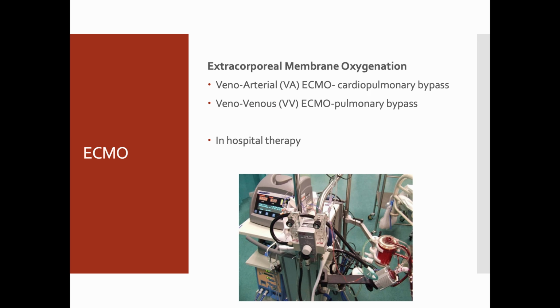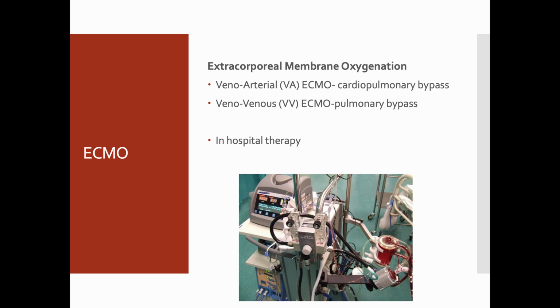The thing that you'll see the most at Hershey anyway, and in many ICUs nowadays, is this short-term device of ECMO, or extracorporeal membrane oxygenation. There are two kinds of ECMO. There are veno-arterial, or VA ECMO, which is essentially cardiopulmonary bypass, and veno-venous ECMO, which is essentially just replacing the lungs, right?